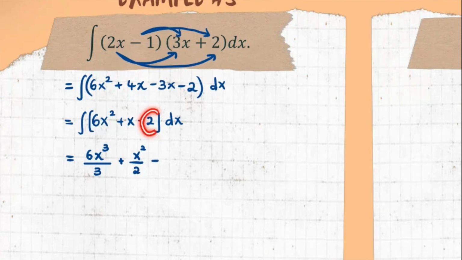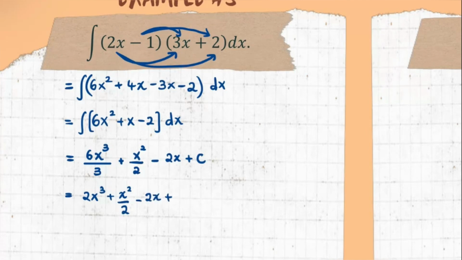Now, integrate 2. Tadi integrate 2 hanya perlu darabkan dengan x sahaja. And finally, kena letak plus c. Plus c ini compulsory. Okay, next. 6x cube over 3. Kita simplifykan dia kepada 2x cube plus x squared over 2 minus 2x plus c. So this will be our final answer.